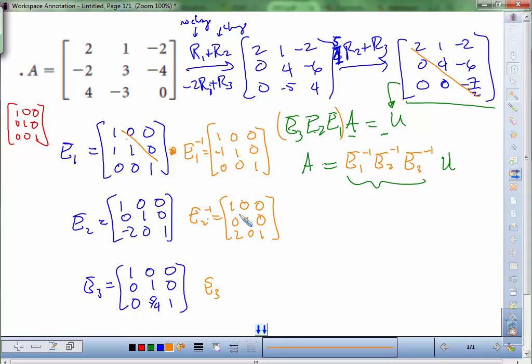We're essentially undoing what this elementary matrix did. The elementary matrix multiplied row 1 by negative 2 and added to row 3. To undo that, I would multiply by positive 2 and then add it to row 3. So this type of elementary row operation is really just taking the opposite sign.